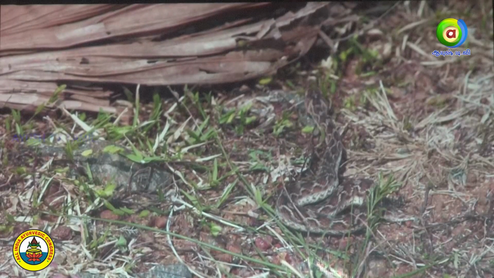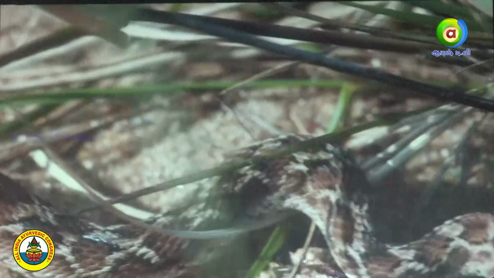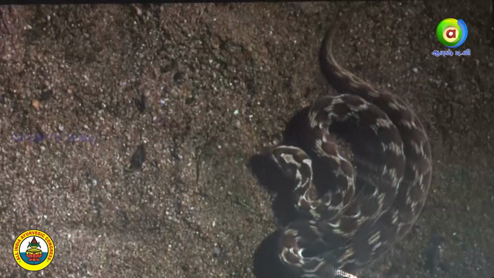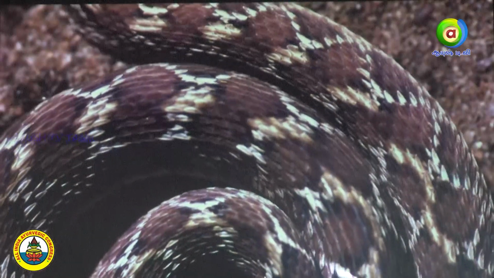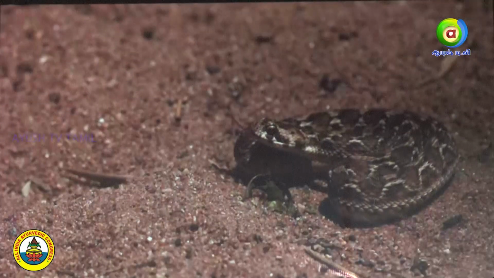The saw-scale viper may be the smallest of India's 4 deadliest snakes, but it is extremely common in some areas and has very toxic venom. When approached too close, they can strike with lightning speed.